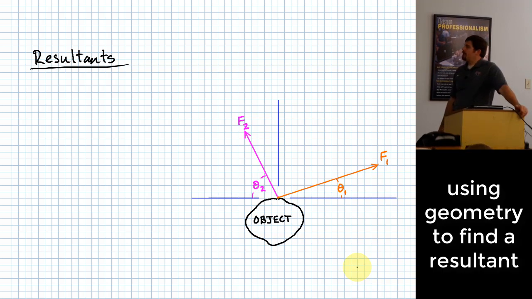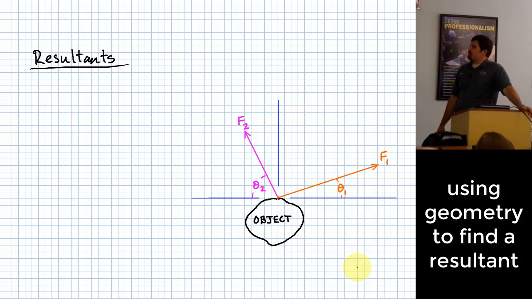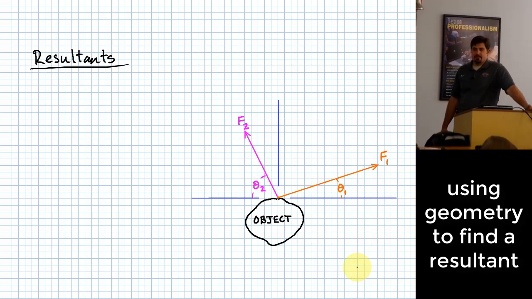Could I just say, the effect of that is just the magnitude of the first one plus the magnitude of the second one? F1 plus F2. Does that work? Why not? Yeah, they're pulling in different directions. You can't just add them straight together because they're pulling in different directions.